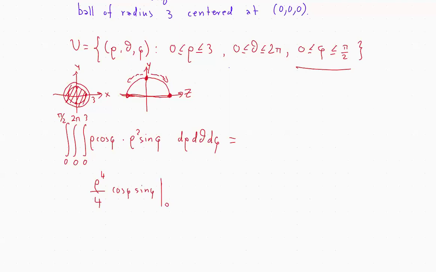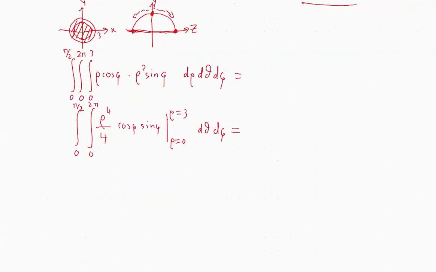Then we have 0 to 2 pi d theta, and 0 to pi over 2 d phi. When you plug in 3, you will get 81 over 4. You can pull that constant out of the integral to make your life easier.